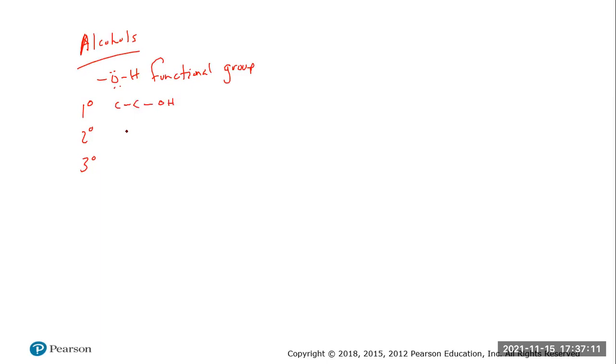So this would be a primary. Obviously, I didn't draw on the hydrogens. If we had an OH group and this carbon attached to it, then had perhaps two other carbons attached, that would be a secondary, and then obviously a tertiary here would have three carbons attached to it.